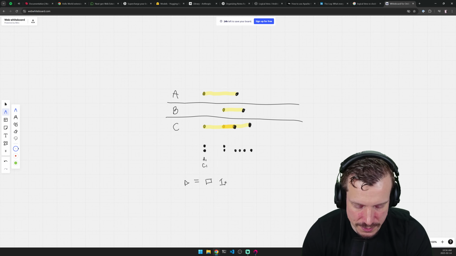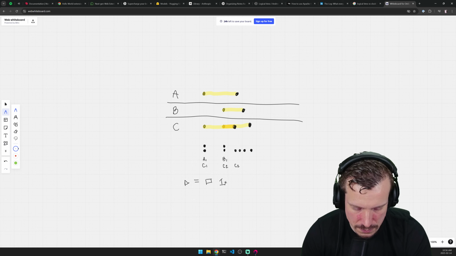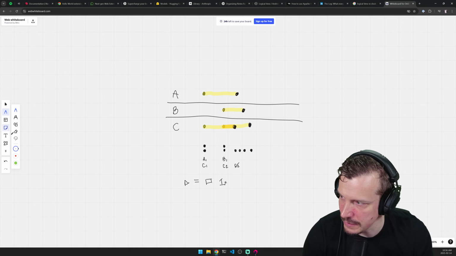So A1, C1, this is B1 and C2, and then this is C2, some way to indicate that it's ended, maybe a different color.